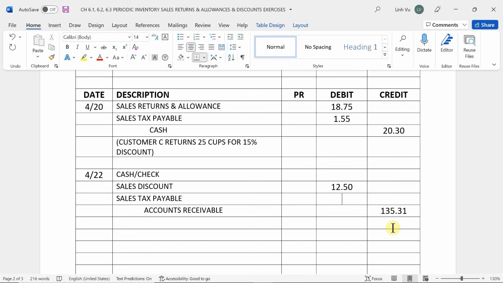Because I put 12.50 times 8.25 and I get 103.125. So 103 is the tax money I'm getting back, but the decimal is behind the 3, so it looks like 103.